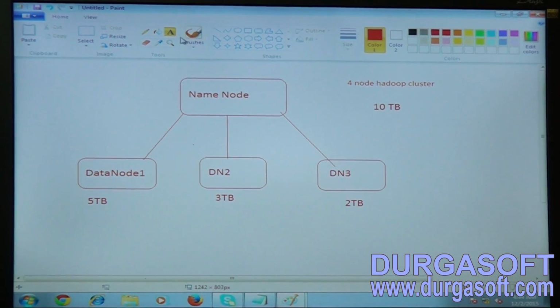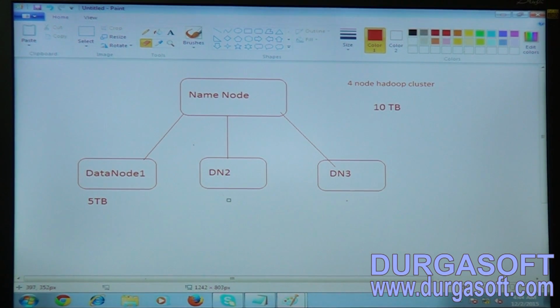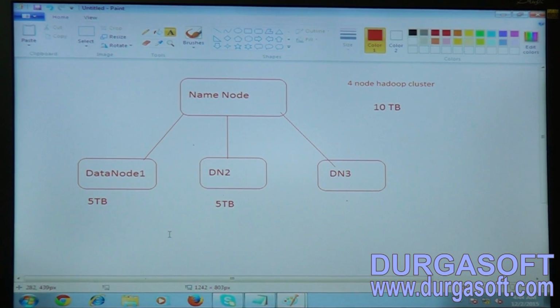So name node first identifies where exactly we have stored the data which was related to this business logic.